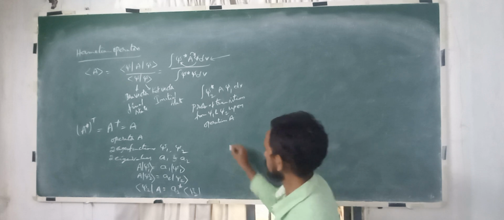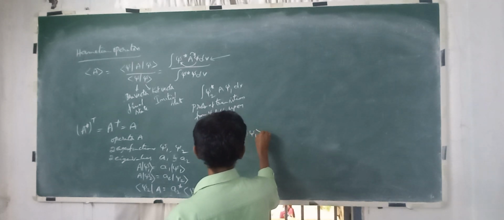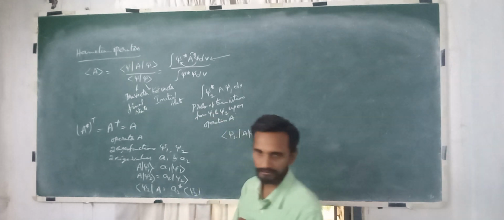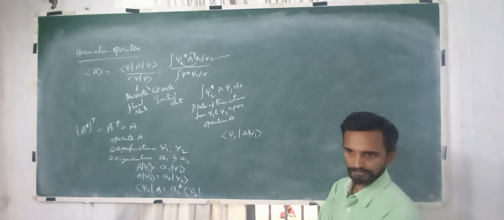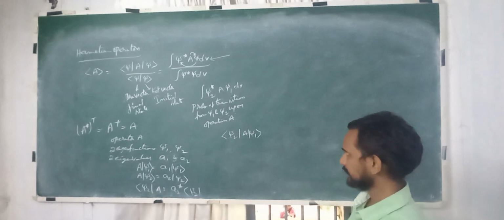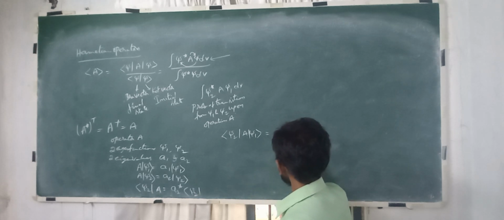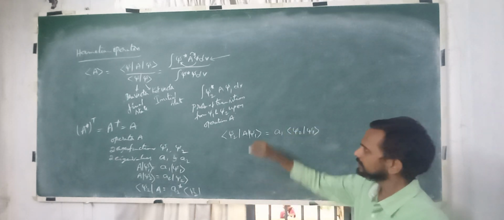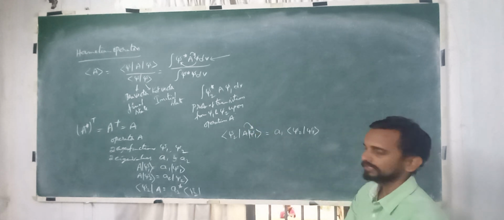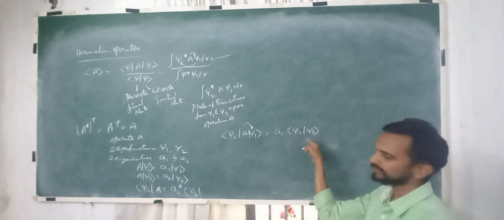So now I am considering this psi 2 A psi 1. Expectation value of psi 2 A psi 1. It is a1 psi 2 psi 1. One possibility, that is when A operates on psi 1, a1 is a constant, so I will be left with that.